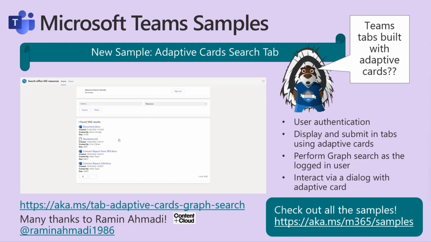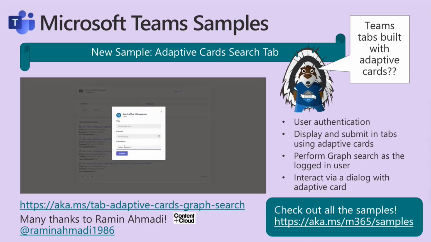So it's a nice way to provide some visual interface along with other bot type features such as message extensions or just conversational bots. He not only shows how to build these tabs, but also how to authenticate the user and submit data from the tabs to the backend, perform graph searches, and even use dialogues. You can see one there as the animation plays.